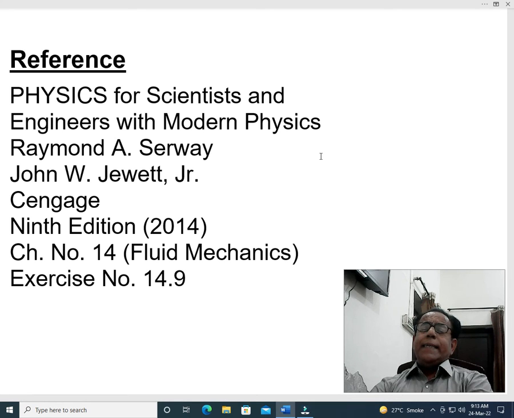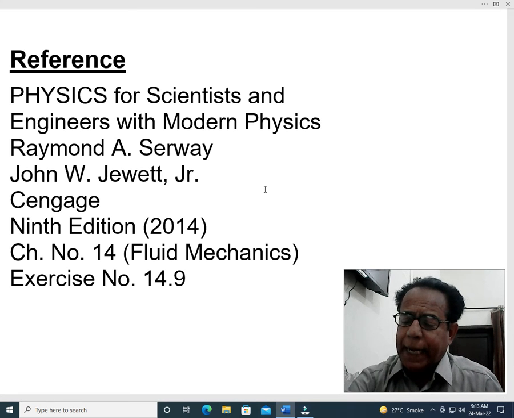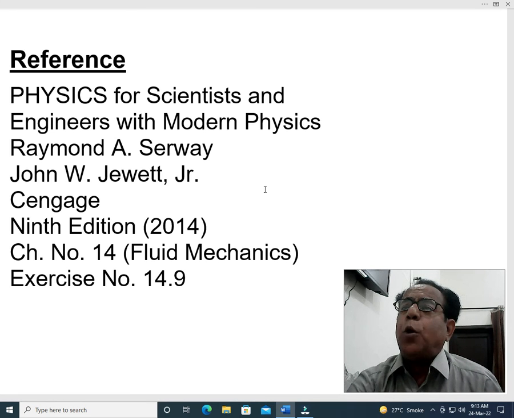Its 9th edition, published in 2014, has been adopted, and here chapter number 14 under the title Fluid Mechanics is our concerned chapter. This problem is enumerated at serial number 9 of the exercise given at the end of this chapter, that is exercise number 14.9, and this is the end of our problem.